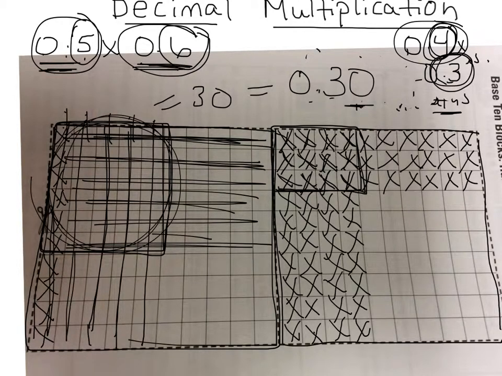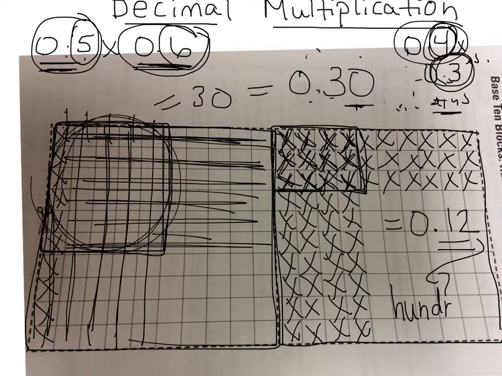This is the overlapping. Well, how many squares is that shaded in? 1, 2, 3, 4, 5, 6, 7, 8, 9, 10, 11, 12. Guess what the answer is? 0 and 12 hundredths. Now remember, the 2 again is in the hundredths place, so we call this decimal 0 and 12 hundredths with an S on the end.